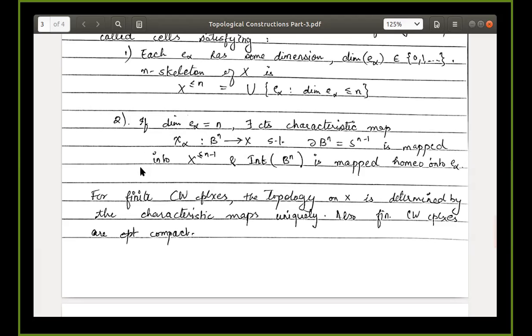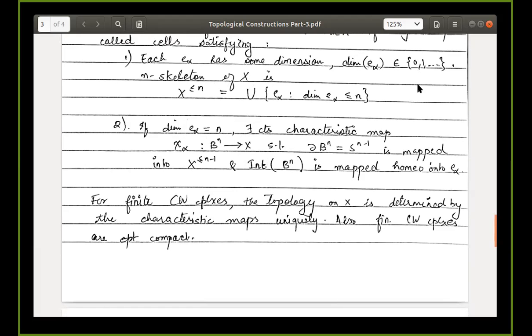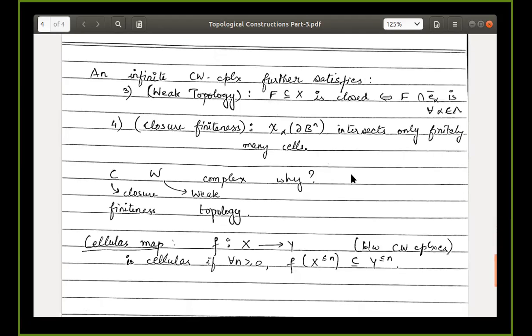Now, here we did not restrict our condition on the dimension of the E alphas which come into the picture. So what if that is the case, in which I'm going to get infinite CW complexes? For such CW complexes, one needs further conditions: for any subset F of X, F is closed if and only if F intersection closure of E alpha is closed for every alpha in the indexing set.